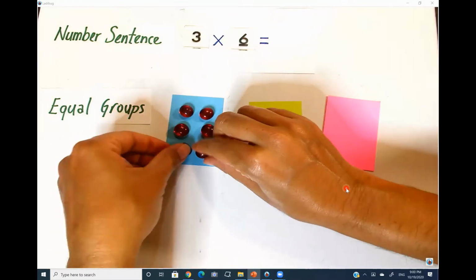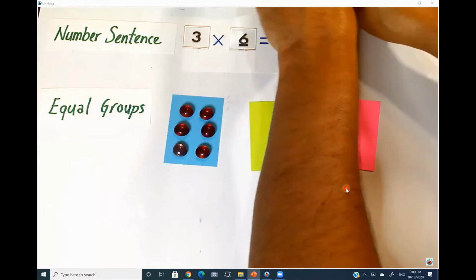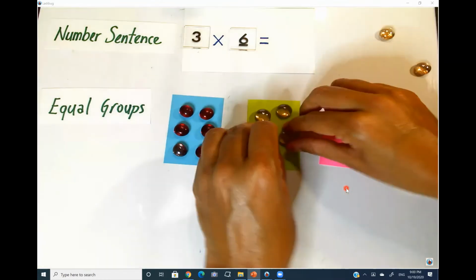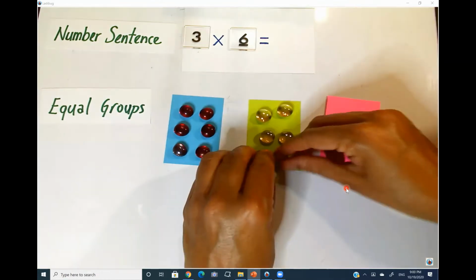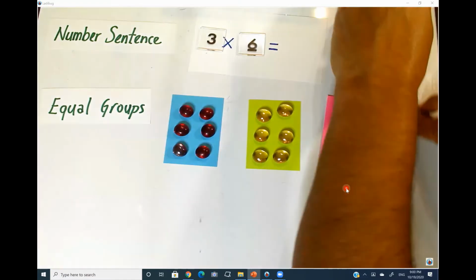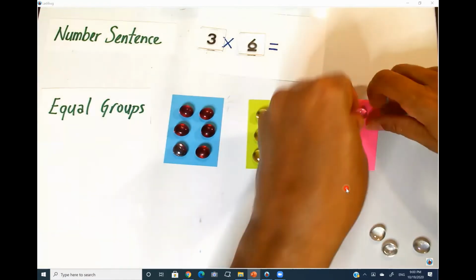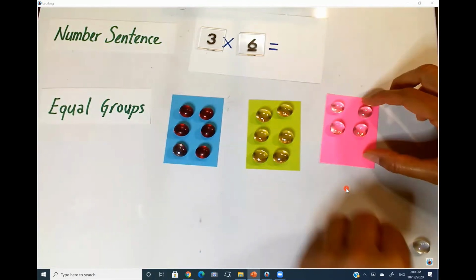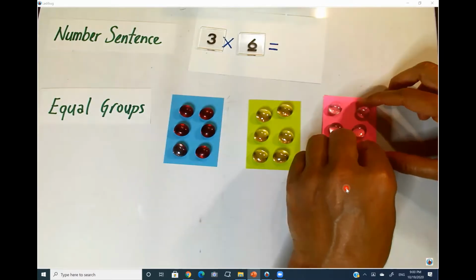Group number 2 is going to have the same amount of objects, which in this case is 6. And the last group is going to have the same amount of objects. Why? Because the multiplication tells us that we have 3 groups of 6.